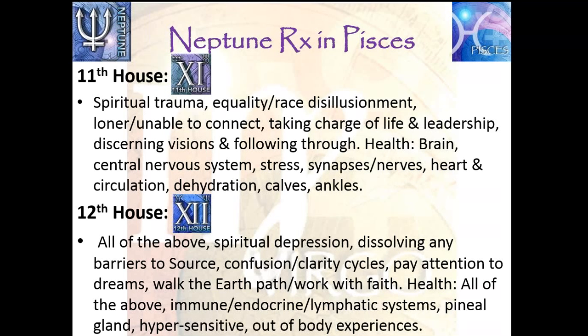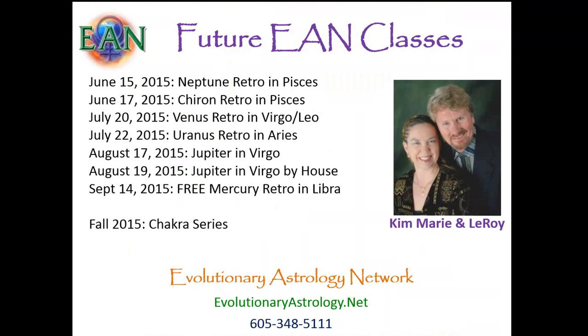And as I move into our final slide, I'd like to remind you that, as Leroy said earlier, with the same codes, you can join us Wednesday night class for Chiron Retrograde in Pisces. And then, of course, next month we're going to move into the Venus retrograde cycle, the Uranus one. And then in August, we're going to look at a two-class series.